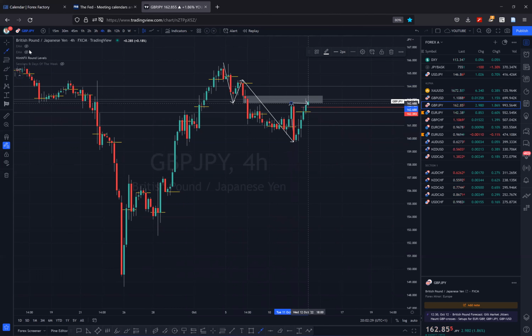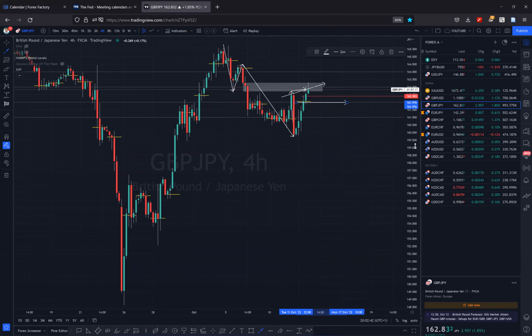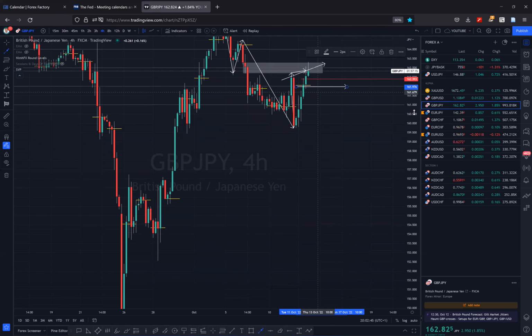Right, and then more or less like a double top here. So depending on how price reacts here, I'll be looking to sell, but I'll sell below this POC here, which is below 162. Yeah, below here, then I'll be looking to sell. So I'll keep an eye on how price reacts to this level.